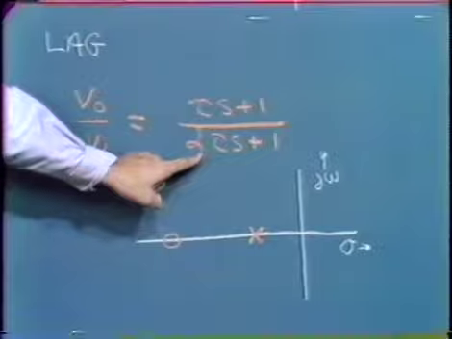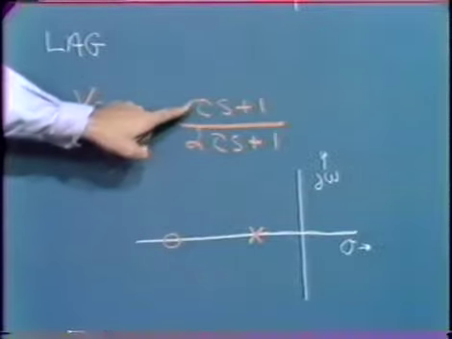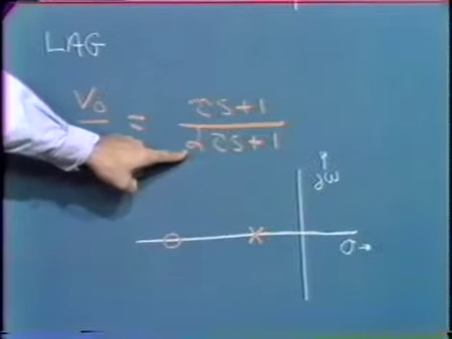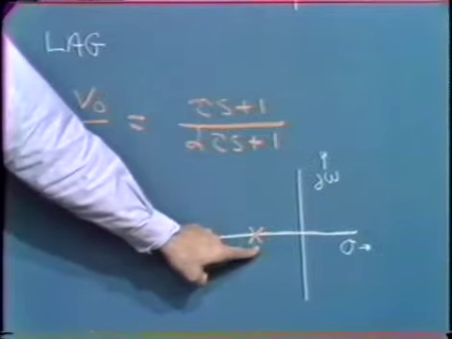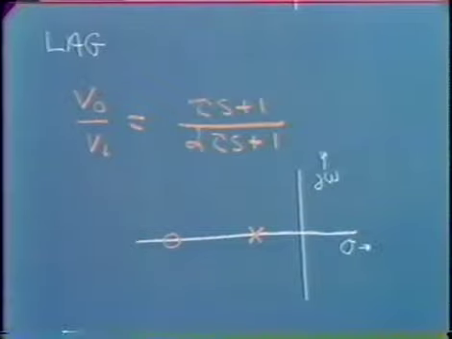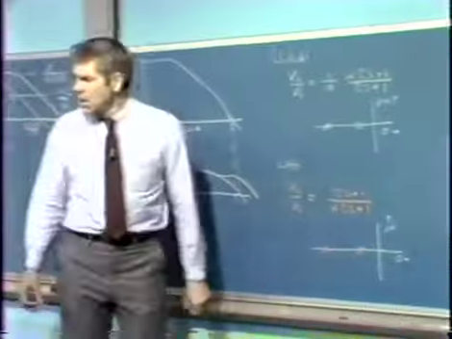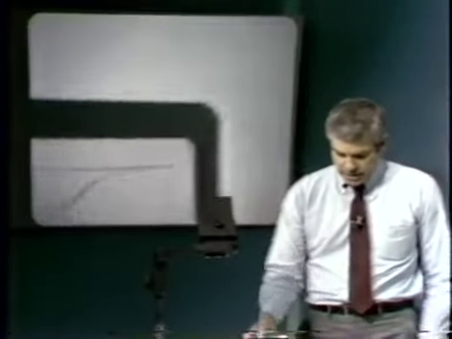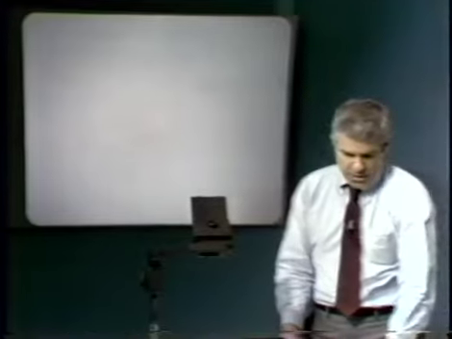The pole occurs at a frequency 1 over alpha tau, the zero at a frequency 1 over tau. Again, assuming alpha is a number larger than 1, we get a pole located at a lower frequency than the zero. Well, let's look at the characteristics of that sort of a network. Or first, let's look at how we might implement that kind of a network, and then let's look at its characteristics.